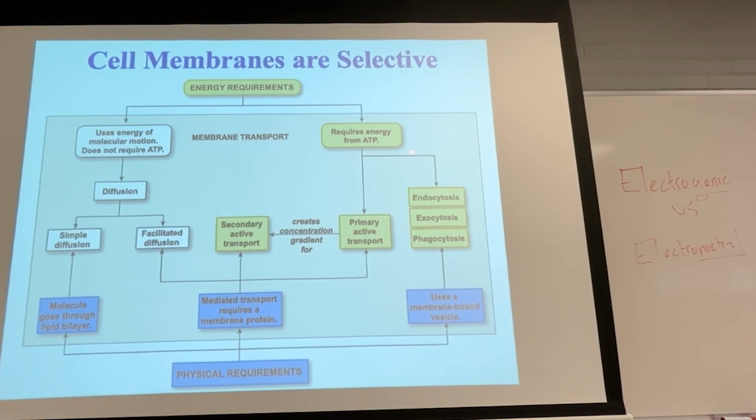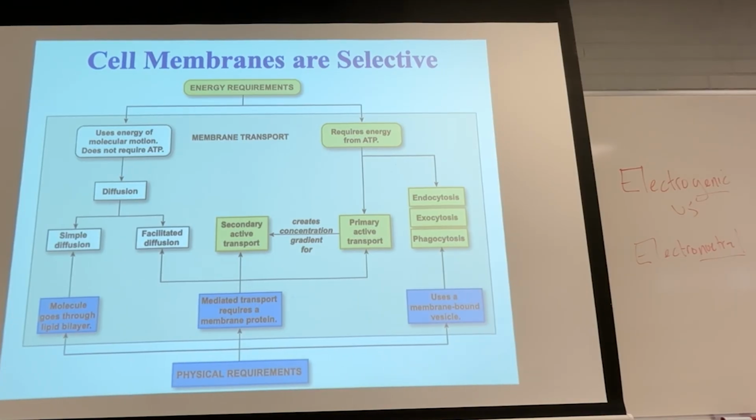The other way we need ATP directly is through endocytosis, exocytosis, and phagocytosis. So these involve the membrane in moving large amounts of material via vesicles. We're going to use the membrane to pull stuff into the cell or to release stuff out of the cell.